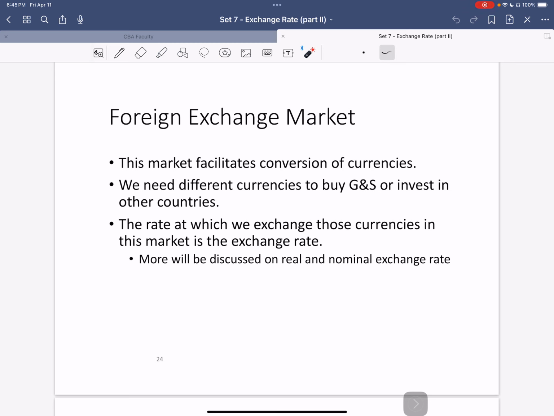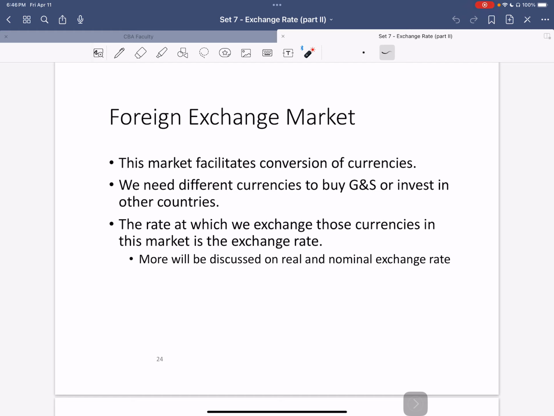Or if I want to invest in Canada, I need to exchange my US dollar into Canadian dollar. Or if I want to buy some goods or services in Mexico, I need to exchange US dollar to Mexican peso. The rate at which we exchange those currencies in this market is the exchange rate.